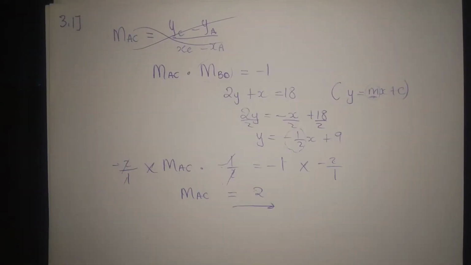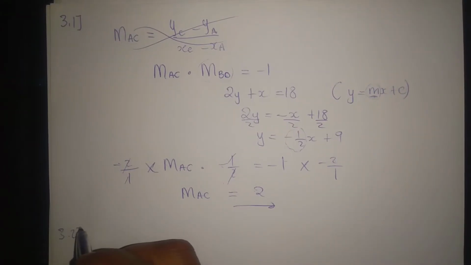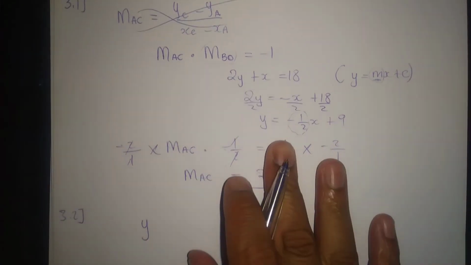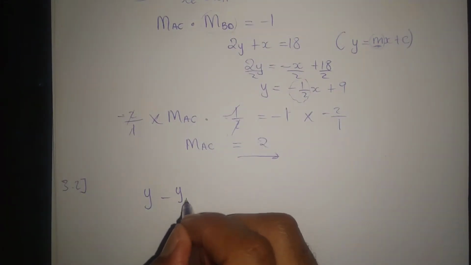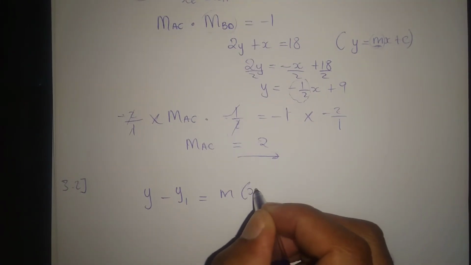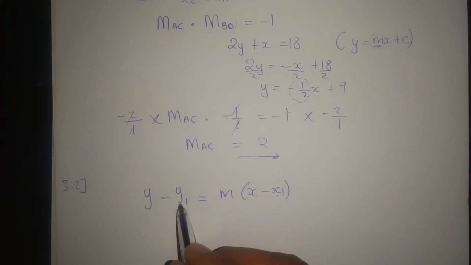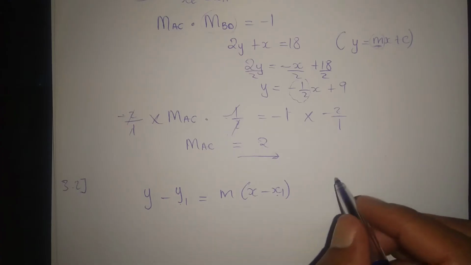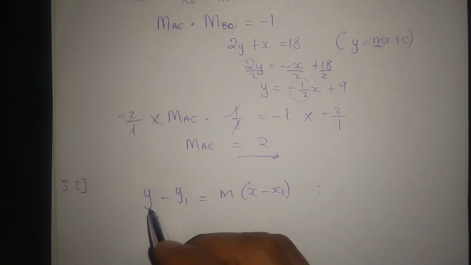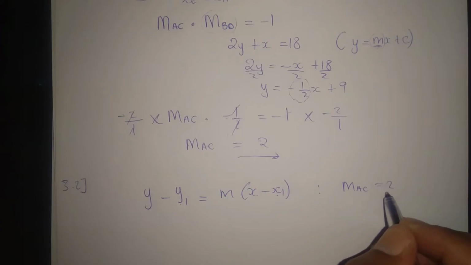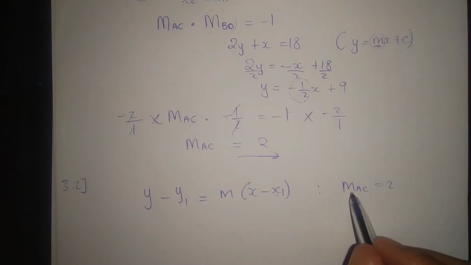So a question like this is for an equation of a line. So inside this formula, y minus y1 equals m times x minus x1, right? We need at least 1 point and a gradient. So the line we want, AC, we just calculated the gradient of AC is given as 2.